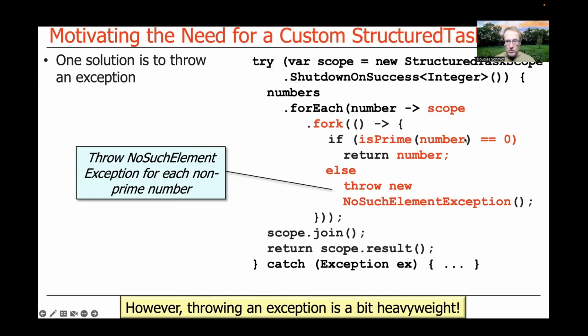If so, return the number. Great, we found our first prime number, we're done. Otherwise, if it was not prime, throw an exception. I'm going to just throw a silly exception, NoSuchElementException. It's probably not the best exception to throw, but you get the point. We throw some exception. So what will happen in that case is that an exception result from forking does not constitute success, and therefore shutdown on success will not shut down.